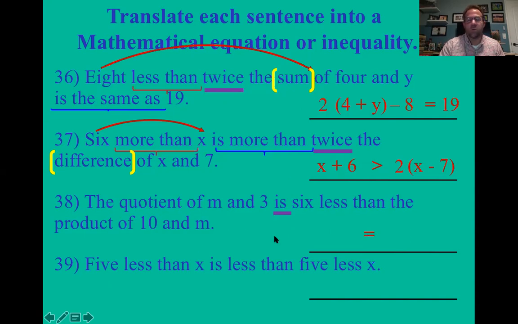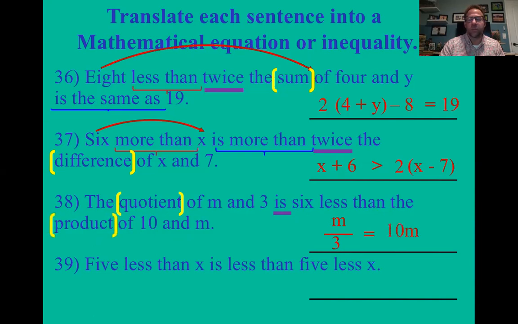Okay, so now let's go and look and see if we see any private party words. I see the word quotient. So who got invited to that private party? That would be 3 and m. So m over 3, m divided by 3 is, so equals 6 less than the product of 10 and m. Well, let's go deal with this private party word there.